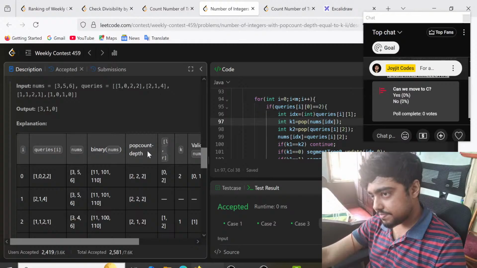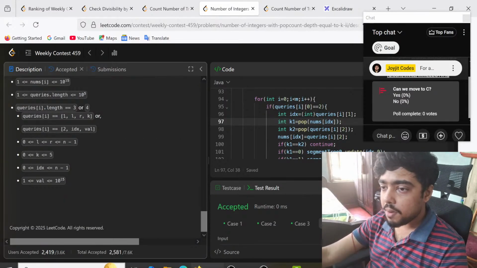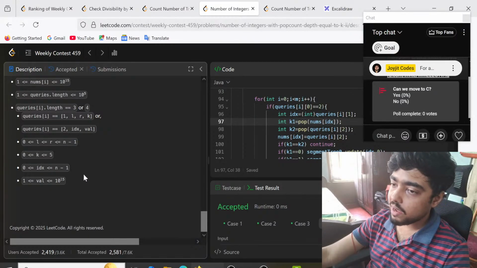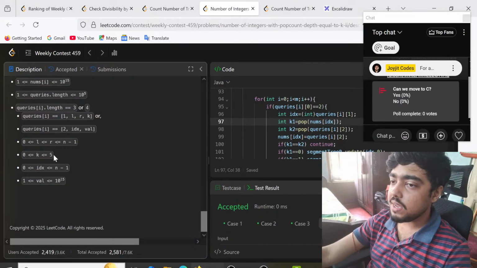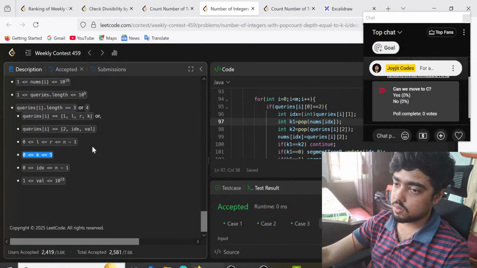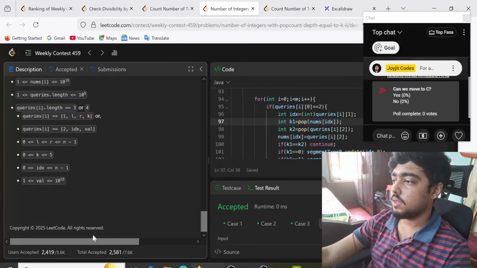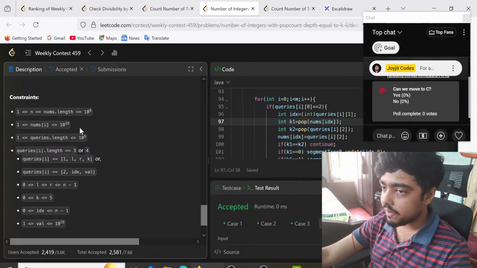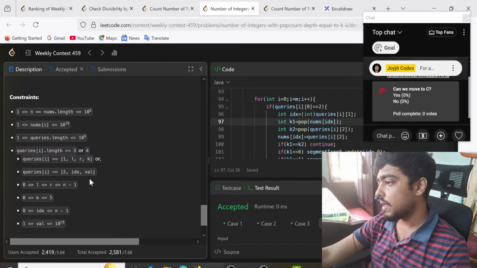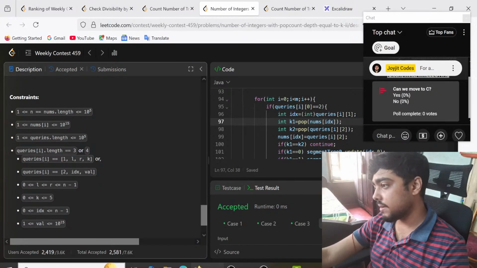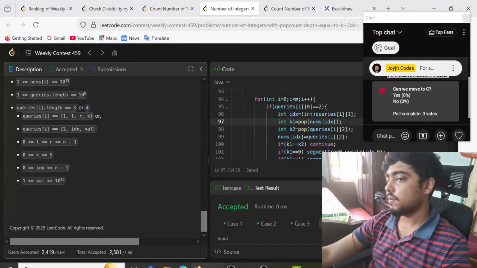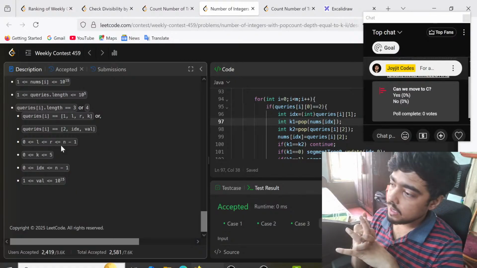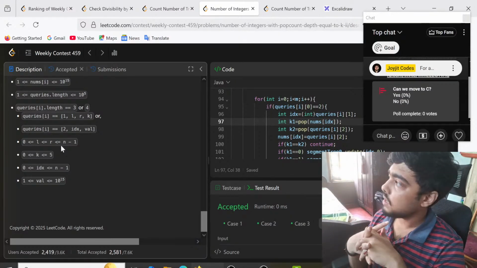Now see, what is the pop count depth value over here? It can be from 0 to 5, and this is a very interesting thing to note. Nums of i is less than or equal to 10 to the 15, but even if it is 10 to the power 18, it will still be small.